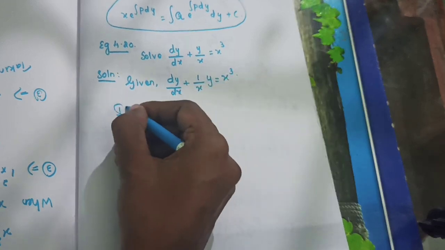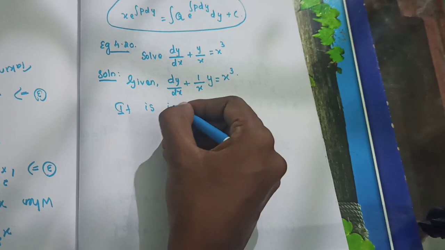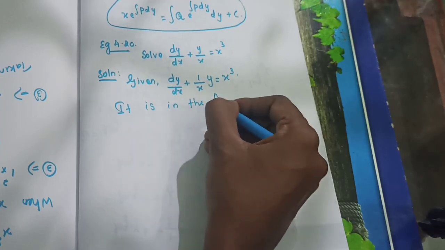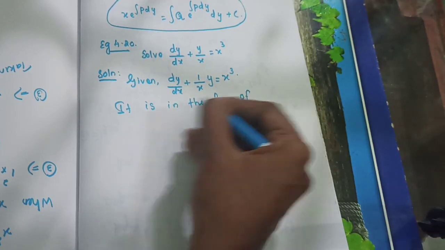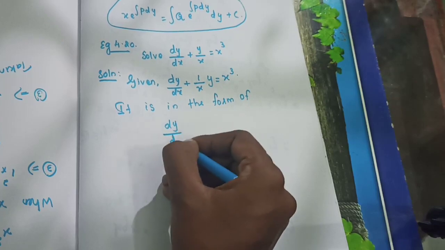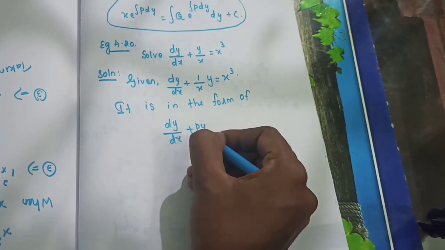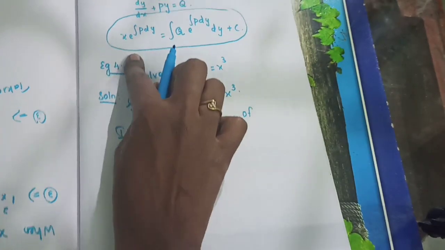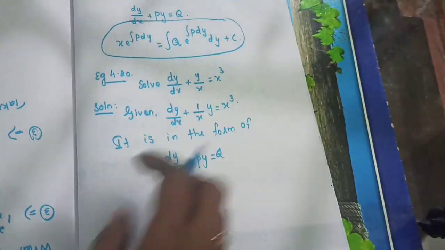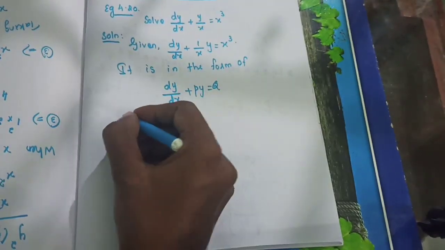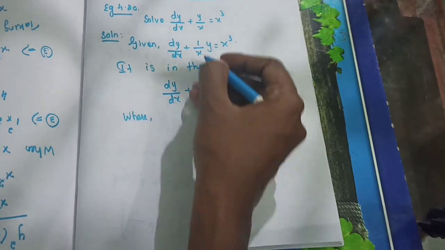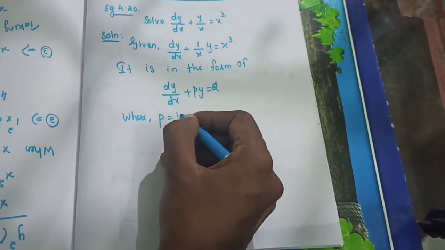Now it is in the form dy by dx plus Py equals Q. So where P equals 1 by x.